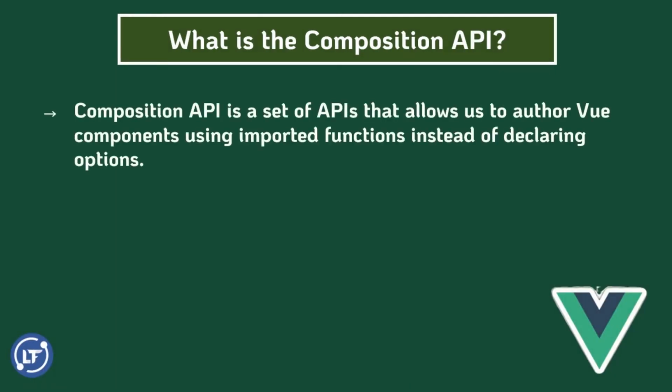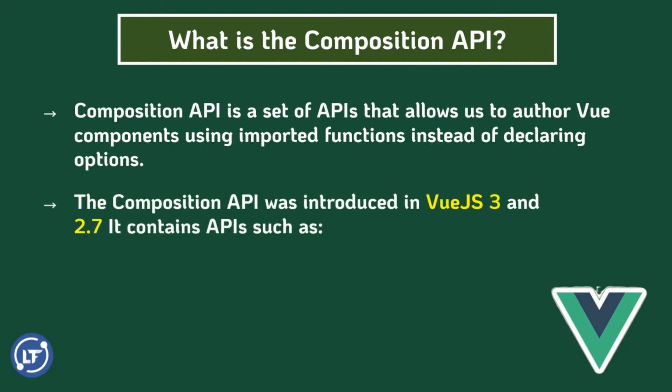Now, the composition API is a set of APIs that allows us to write Vue components and Vue applications using imported functions instead of declaring options as we have in the options API. The composition API was introduced in VueJS version 3 and version 2.7.